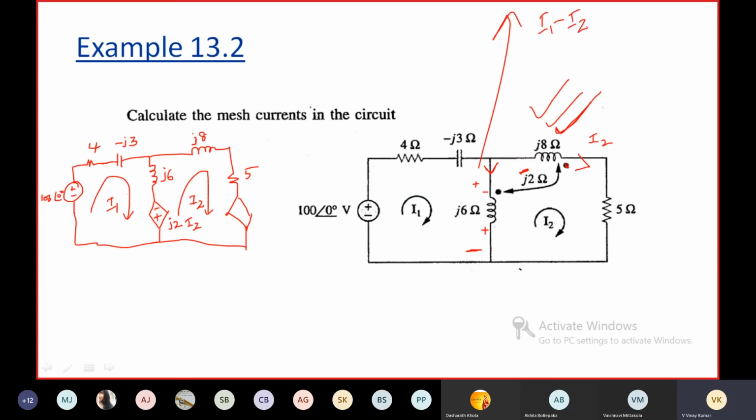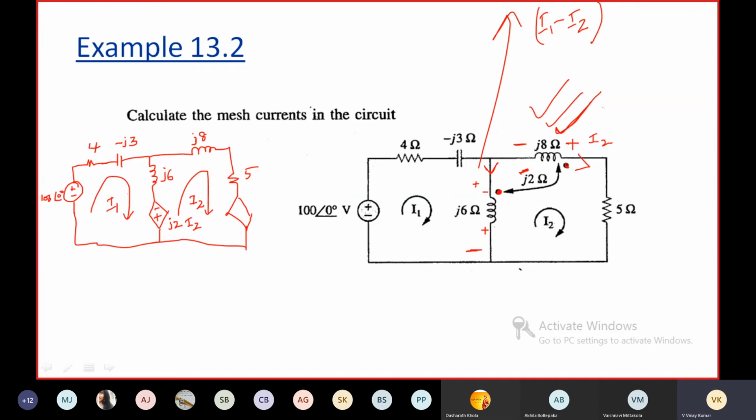This I1 minus I2 is entering the dotted terminal. What will be the mutual induced EMF in coil 2? If it is entering, this will be positive at the dotted terminal, so this will be positive and this will be negative.